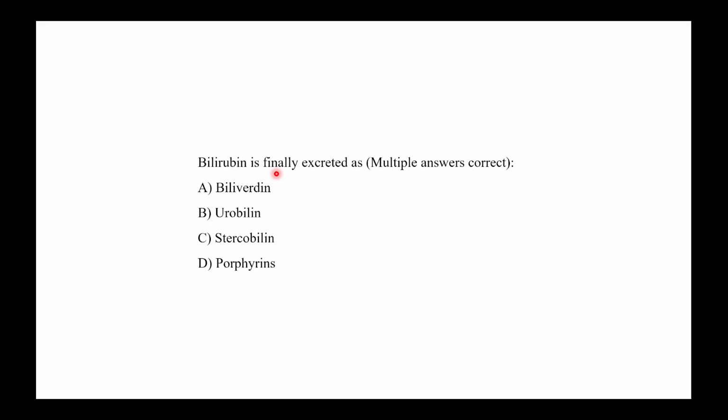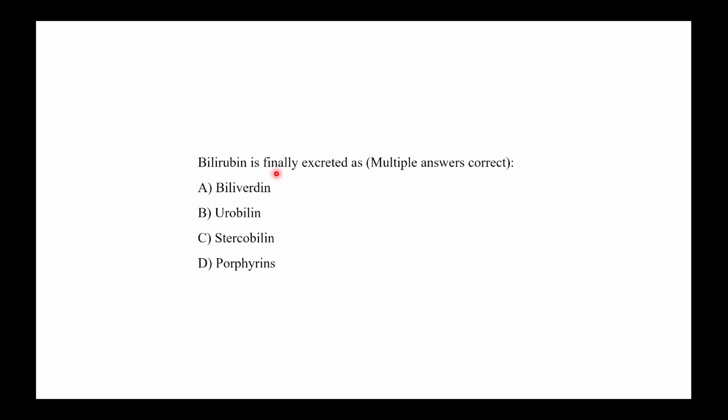Moving to the next question: bilirubin is finally excreted as. Option A, biliverdin; option B, urobilin; option C, stercobilin; and option D, porphyrins.